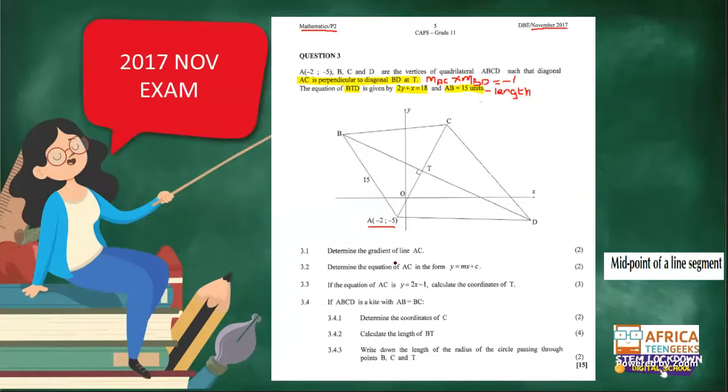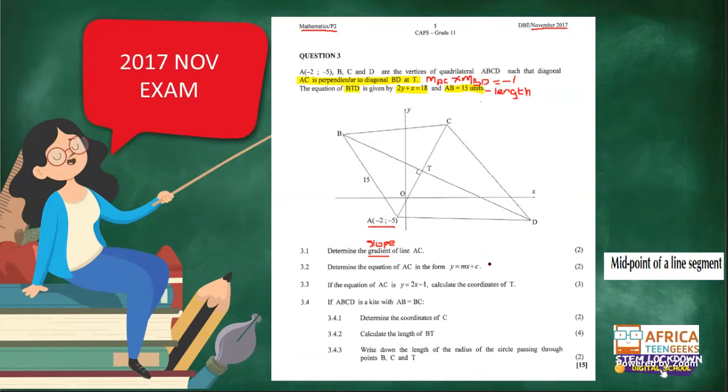In the first question, they say, determine the gradient. Remember I said sometimes in the question they can say slope. Don't be confused by that. Gradient is also the slope. In this case, they're saying determine the gradient of line AC.